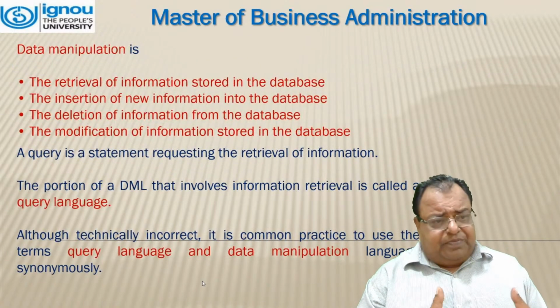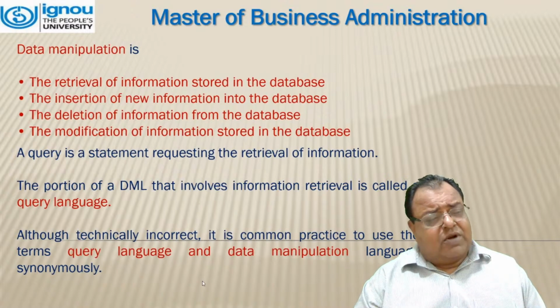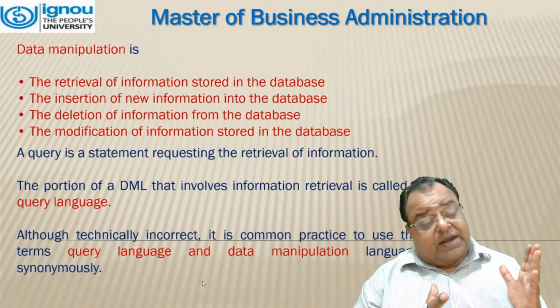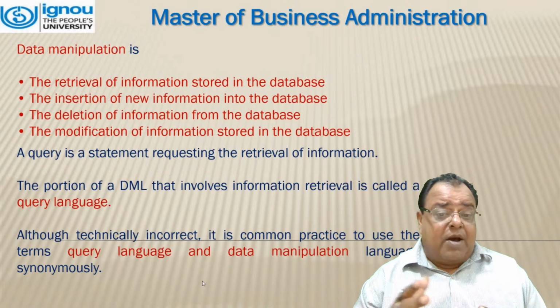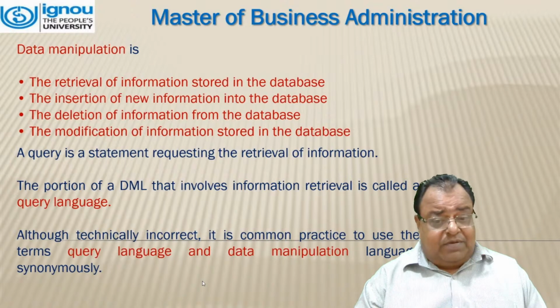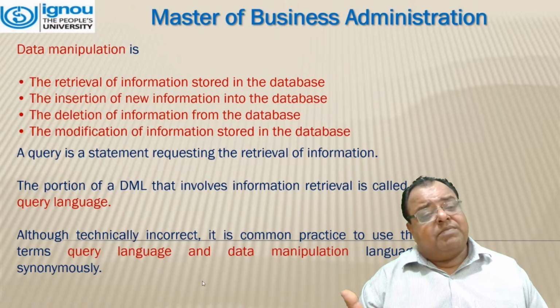Data manipulation is the retrieval of information stored in the database, the insertion of new information into the database, the deletion of information from the database, and the modification of information stored in the database. This is what is meant by data manipulation.